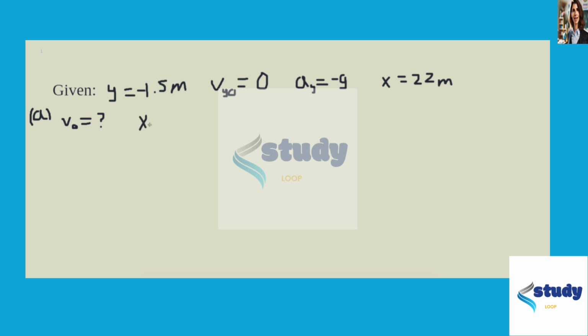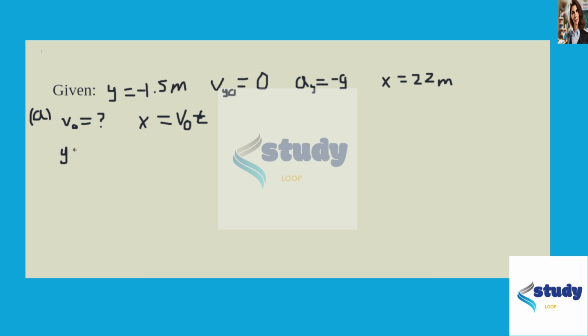Since all of the velocity is initially in the x direction, you can say that the distance that the car travels, which is x, is equal to v naught times the time that it's in the air. All right, well, there's v naught in that equation, but we don't know the time. So now we would need to figure out the time.